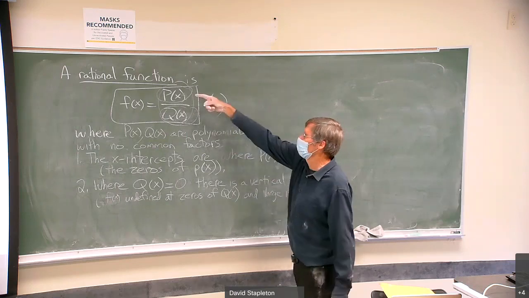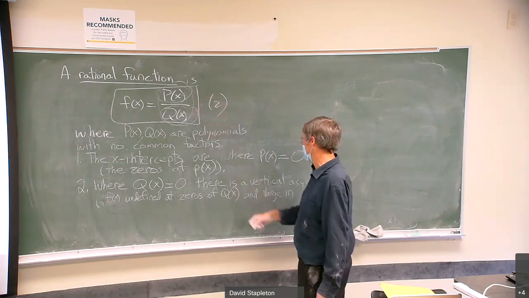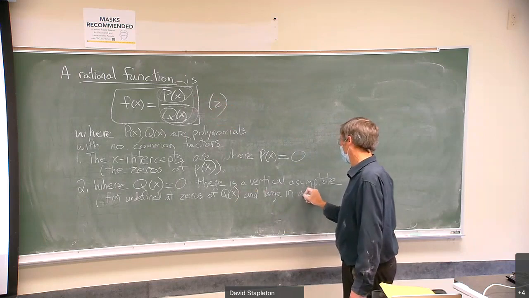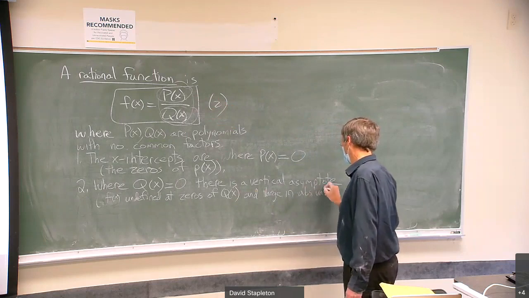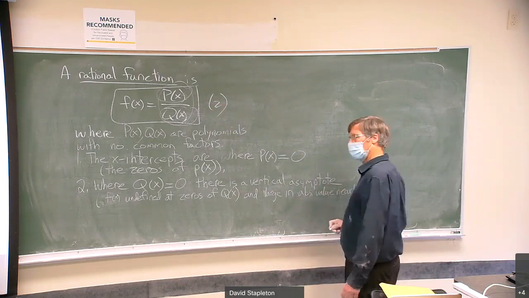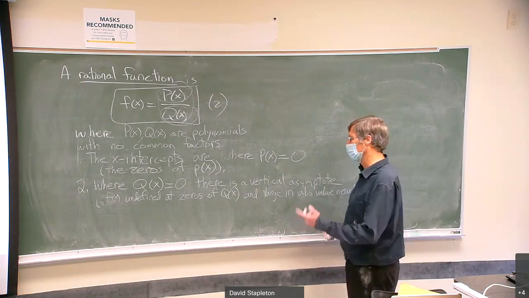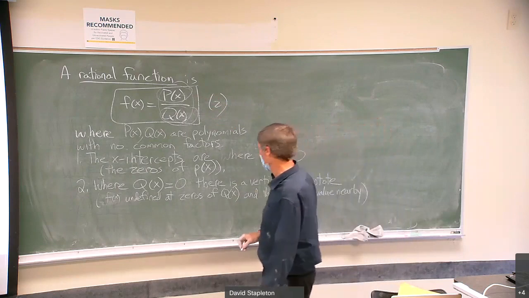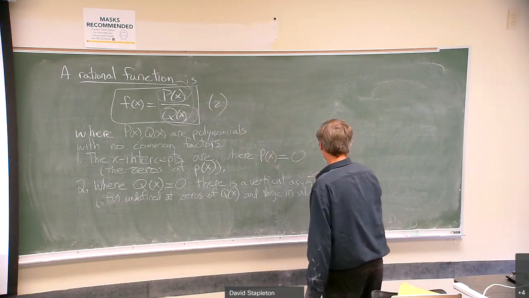Near these places, you've got a number that's not close to 0 over a number that is close to 0. So you've got a vertical asymptote. A vertical asymptote is a line that's approached by the function. So it's a vertical line approached by the function.